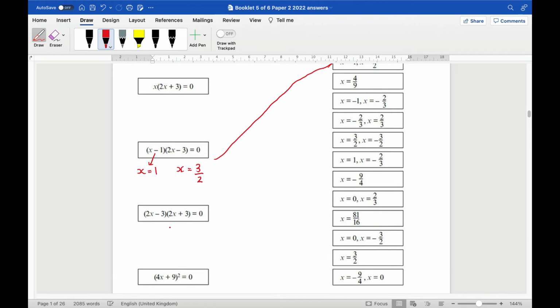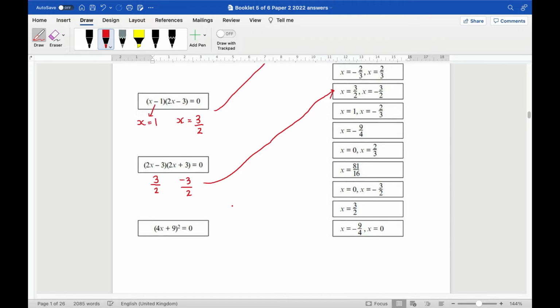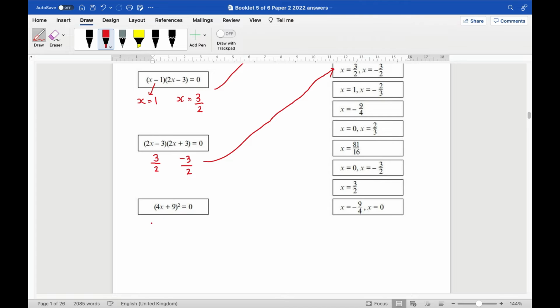Here, I would end up with plus 3 over 2. And then the plus 3 actually would go over to make minus 3 over 2. So they are the two answers I'm looking for, which are here. Here, I'd have the same bracket twice. So either 4x plus 9 equals 0, or 4x plus 9 equals 0.